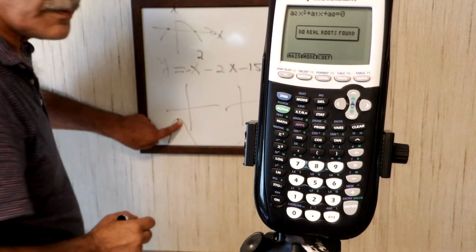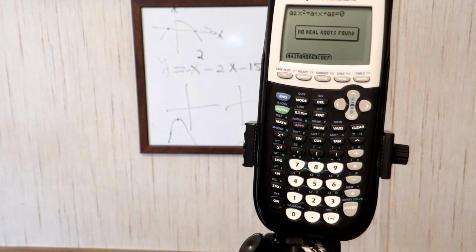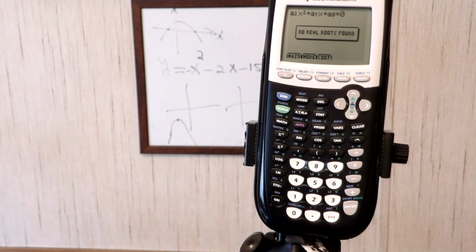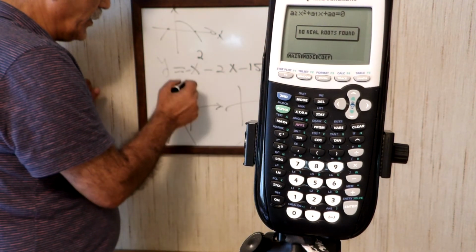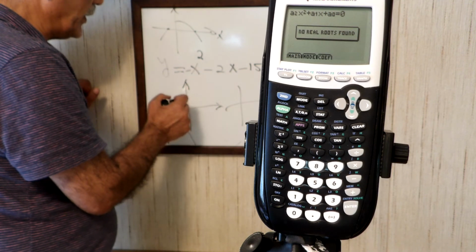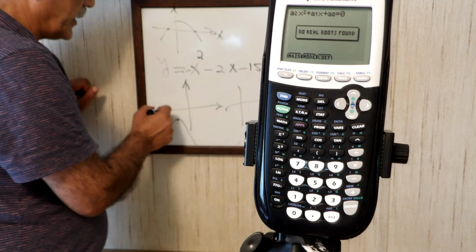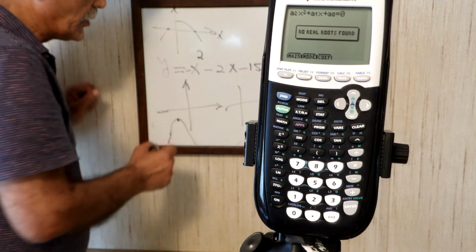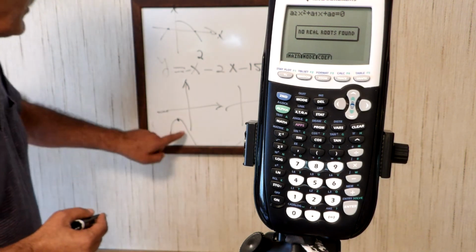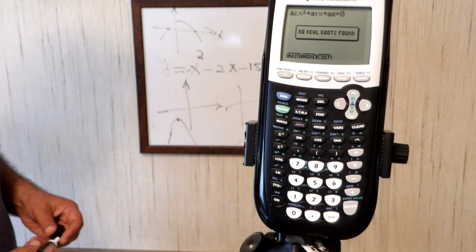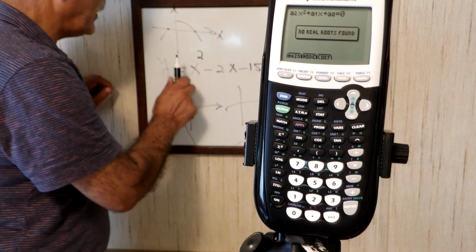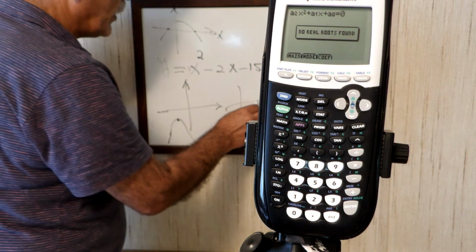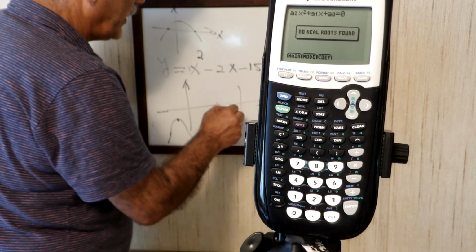But here, the last equation we solved has no roots, which means it doesn't intercept. No x interception on any side. So it means it doesn't have any root. But the other one we talked about has roots of plus 5 and minus 3.